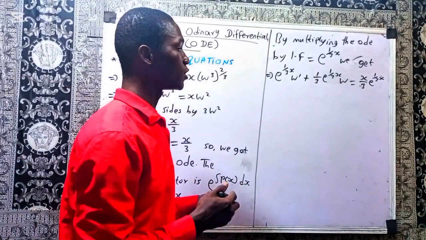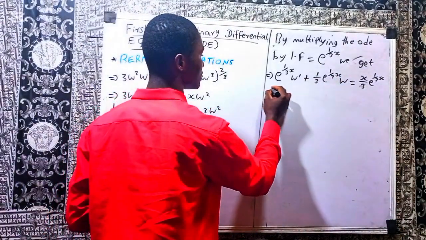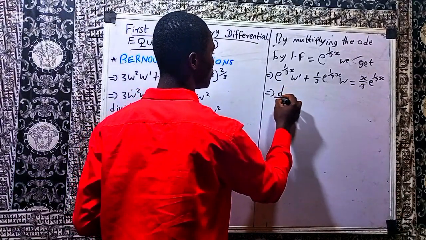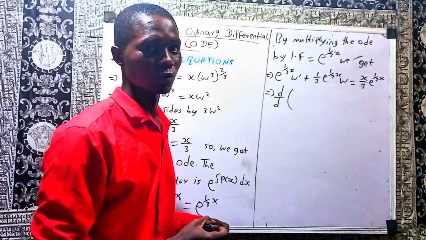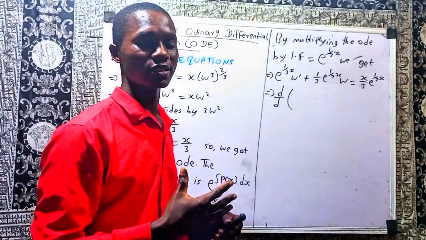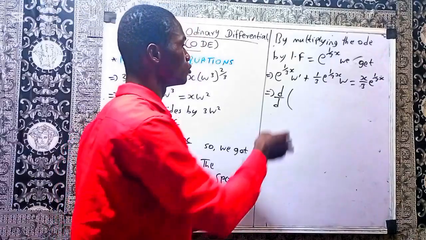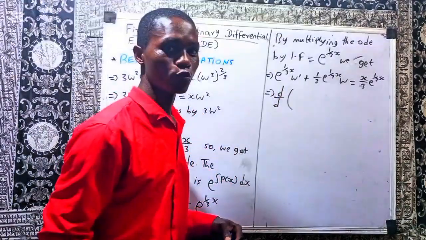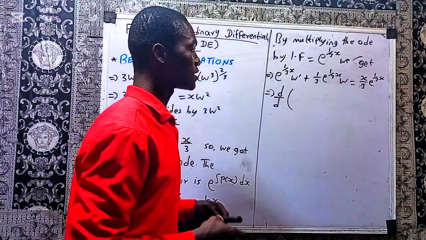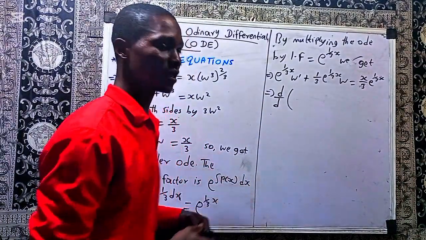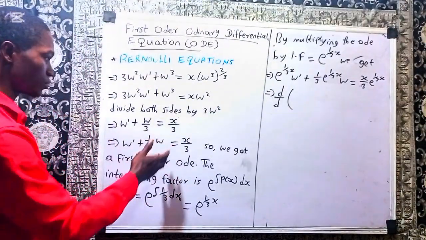So the next thing is to write this in derivative form. Now the left hand side is the same thing as the derivative of the product of the dependent variable and the integrating factor. I told you this in our previous video when we were solving first order linear ODEs. The dependent variable in this case is w, the one that has prime in this equation, right?